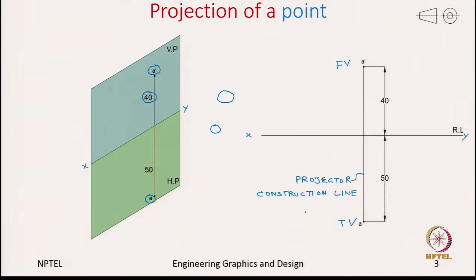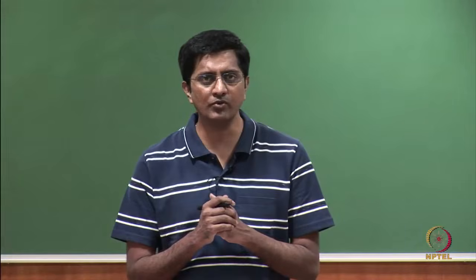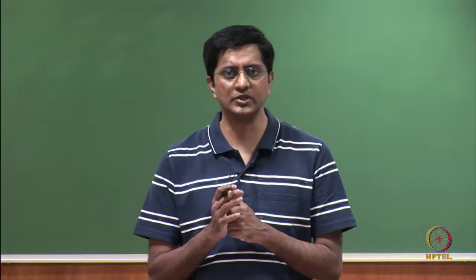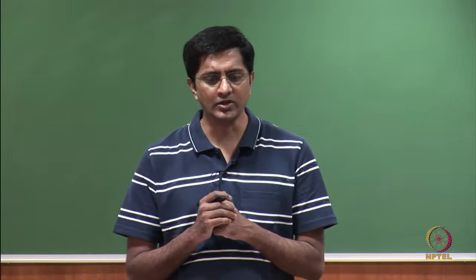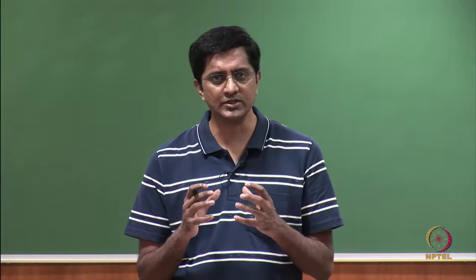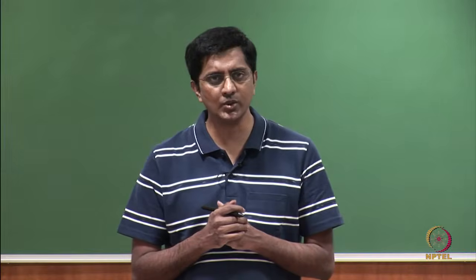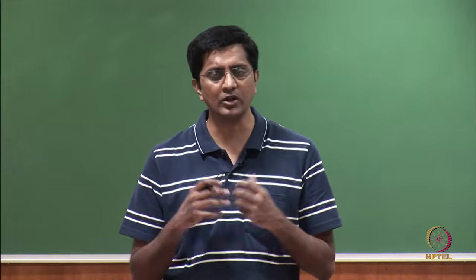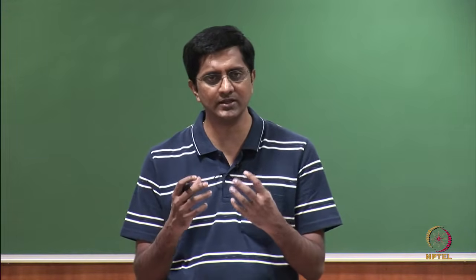Okay. So, what we have seen in this slide is how to project a point so that we capture the front view and the top view. In this lecture we will be only focusing on two views, the front and top view, because we are focusing on simple objects, more than two views are usually not required, because all the information you want to convey is in these two views.